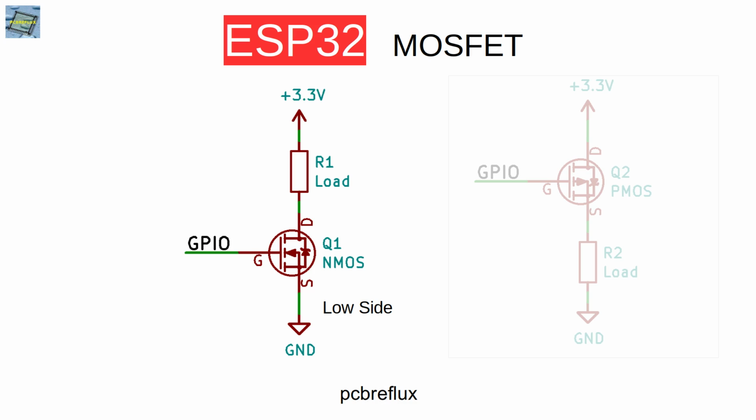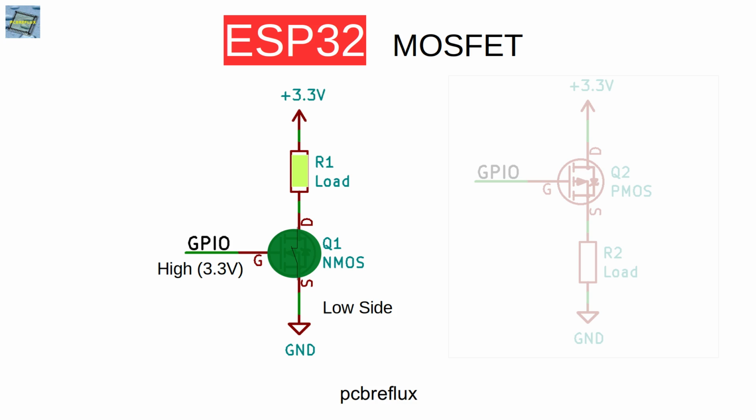Now a practical example with an N-channel MOSFET. We have connected the source of the MOSFET to ground and the drain to the load. The load is also connected to the 3.3 volt rail, and we have our GPIO pin connected to the gate. If we set the GPIO pin to low, or 0 volt, the MOSFET is off.